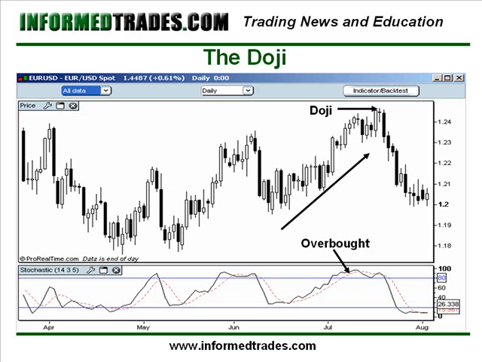When traders find these indecisive candlestick formations like the spinning top and the doji, when the market is in an uptrend and in overbought conditions, or in a downtrend and in oversold conditions, they're going to place extra emphasis on that. So you can see here we were in an uptrend, we have an overbought condition, we have a doji, and in addition to that, we have divergence here.